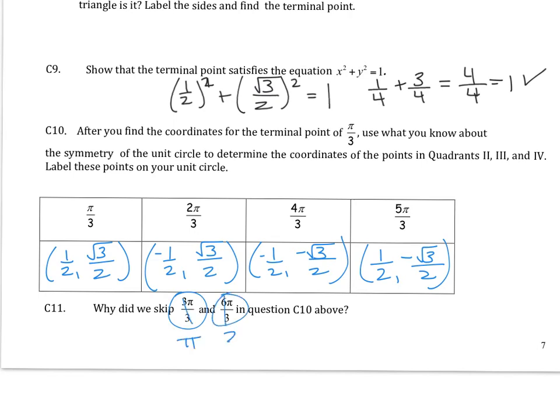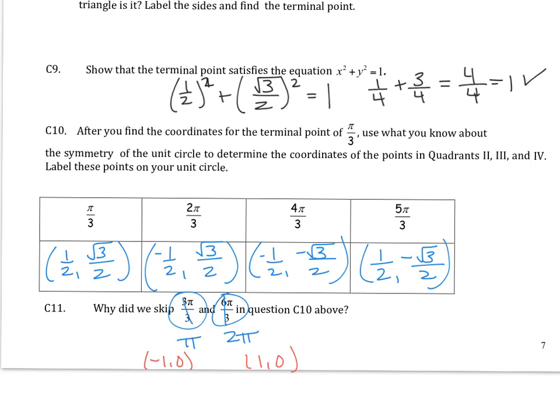6 pi over 3 reduces to 2 pi. And we've known what the points are for these for the last couple of days: pi is -1, 0, and 2 pi is 1, 0. So we've already got points for those, and they don't have anything to do with the 1/2s and root 3 over 2s. So keep in mind that when you hit on quadrantals, or on something you've already established, which is what's going to happen on the next page, we go with what we had from before.